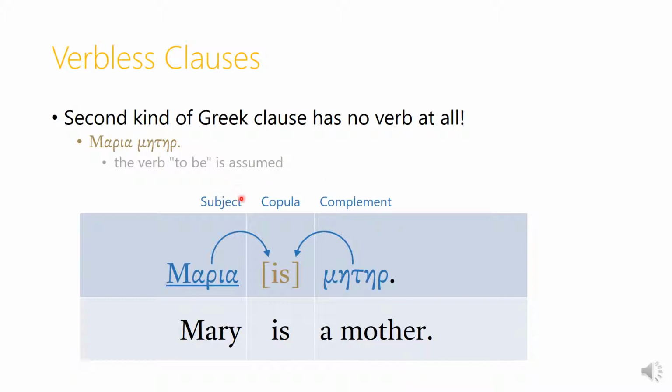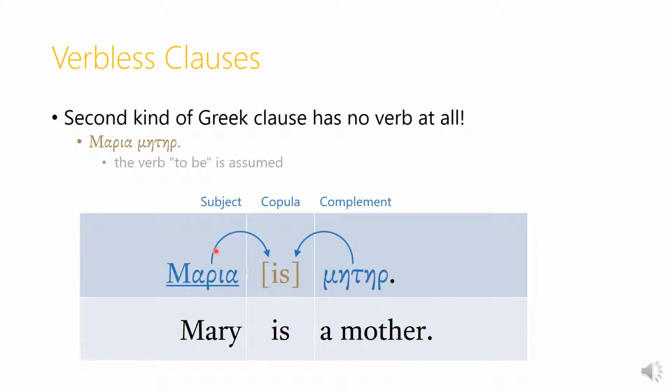And we can think of both the subject and the complement as modifying that basic assumed hidden copula, that verb to be. What is it that is? That's the basic question that a verbless clause is trying to answer.